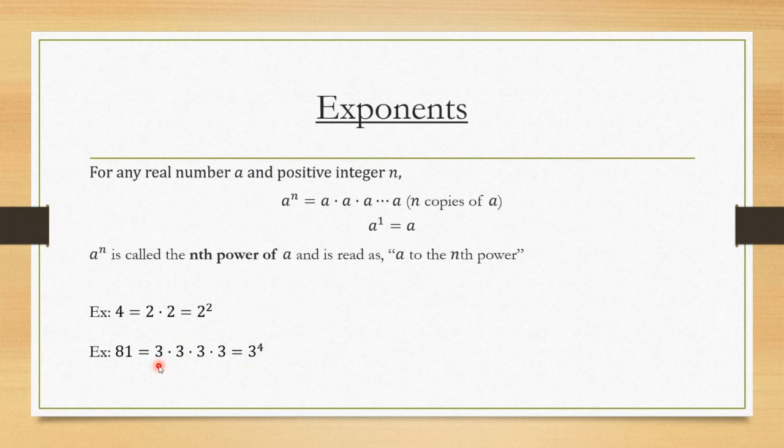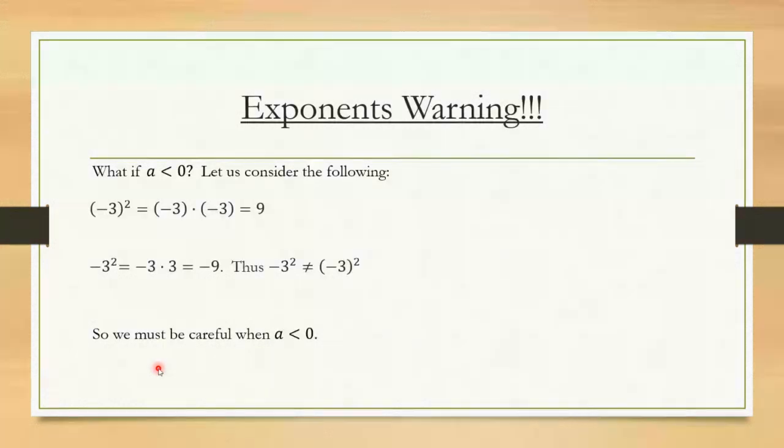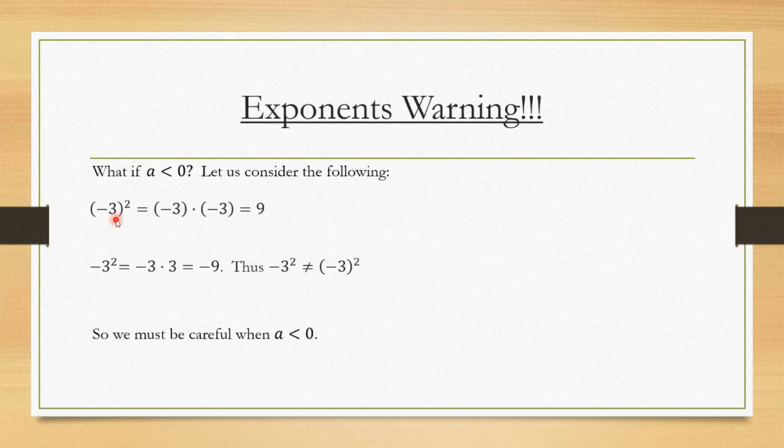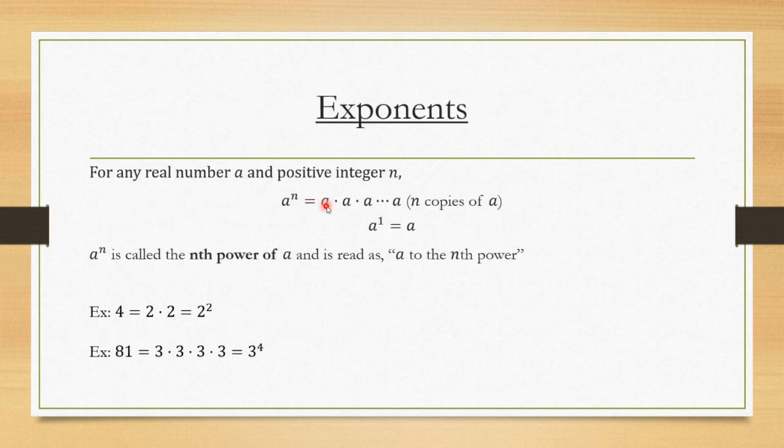Okay. Now, you do have to be careful when it comes to exponents, though. You have to be very careful, especially when the base is negative. Because let's consider this. If you have (-3) squared, right? Well, with a as -3, right? Sorry, I went too fast. From this, (-3) squared, that's just -3 times itself.